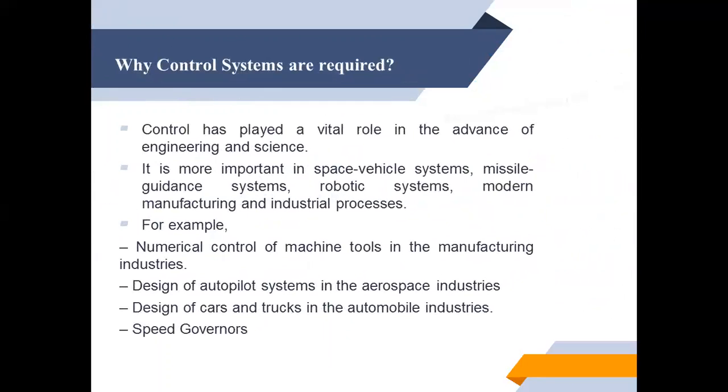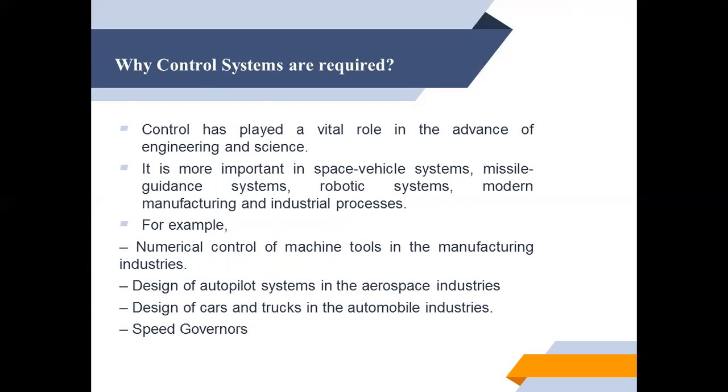Next is why control systems are required. The most important thing is that whenever we require a desired output, then only we require a control system, so as to get the output that we desire. Control systems have played a vital role in the advance of engineering and science, and are even more important in space vehicles, missile guidance, robotics, modern manufacturing and industrial processes.